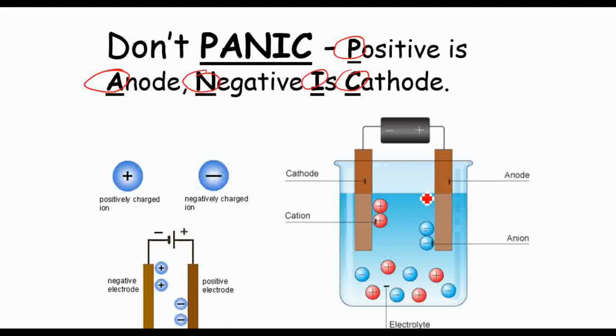Okay, so once you know all of that and know your drawing, your next thing that you need to understand is that your electrolyte is normally an ionic compound. Now what I have here is an ionic lattice structure, okay, that could be made from your positive and your negative charges.